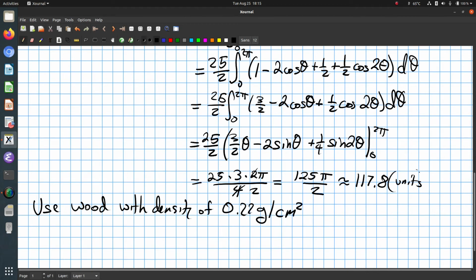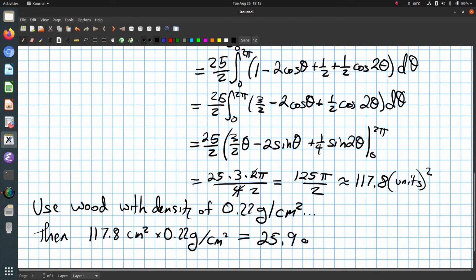These are units squared. So if all my units were in centimeters, 117.8 square centimeters times 0.22 grams per square centimeter, that's about 25.9 grams.